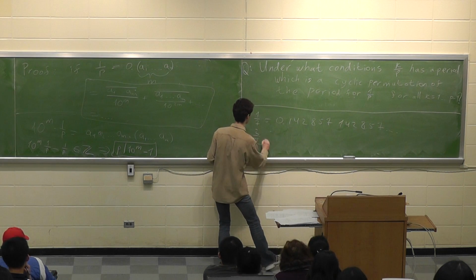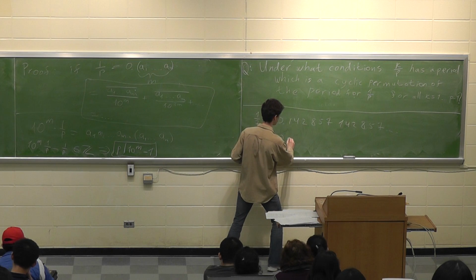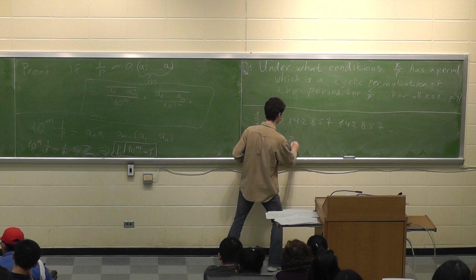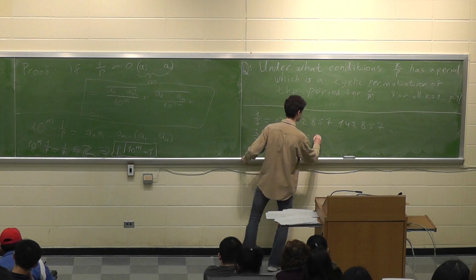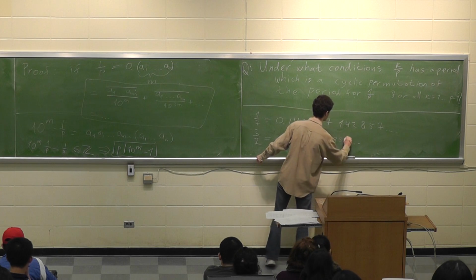For 2 over 7, we had something like this, 0 point, and then 2, 8, 5, 7, 1, 4, 2, 8, 5, 7, and so on.